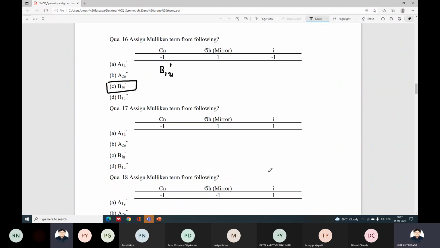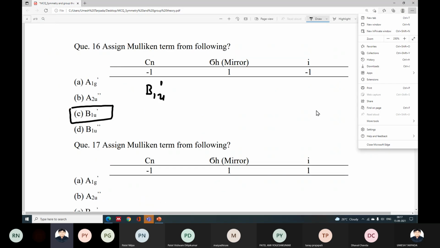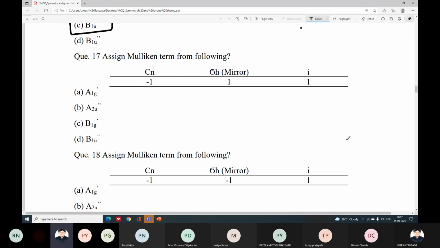What about 17? B1G dash. B1G dash, good.